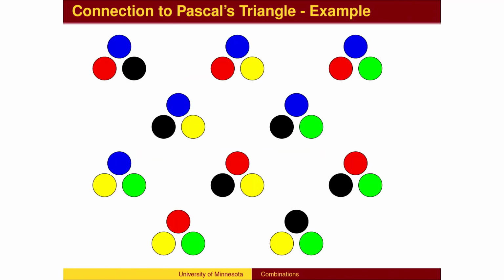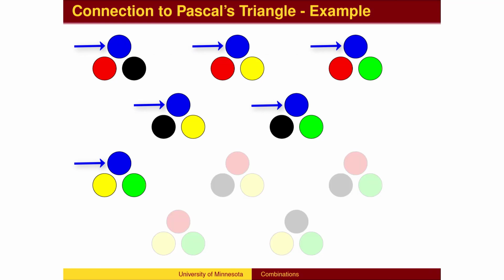We begin by picking a special color and then looking at combinations of the remaining 4 colors. If the 3 marbles contain the blue marble, we need to choose 2 of the remaining 4. So one of the 2 pieces that we need to add together is 4 choose 2. Pick the blue marble and then pick 2 of the remaining 4.